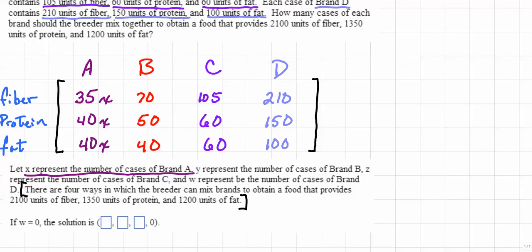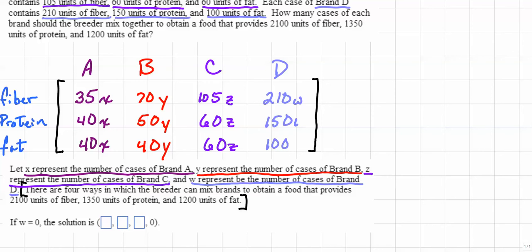So we do the same thing and let Y represent the number of cases of brand B, and then we will let Z represent the number of cases of brand C. And then lastly, W represents the number of cases of brand D, so I put W's here.